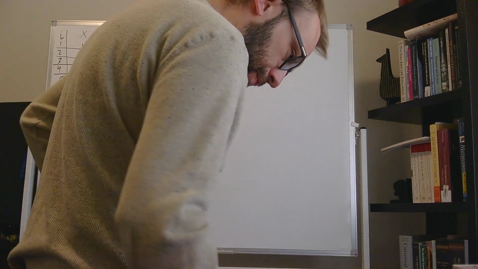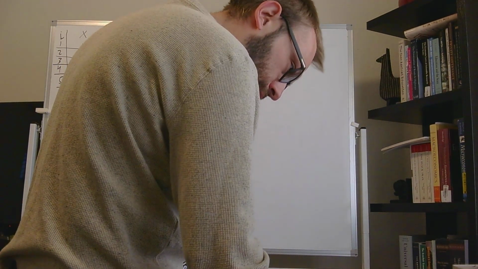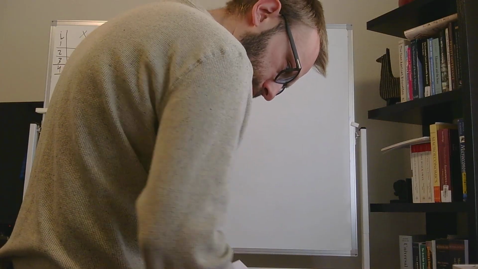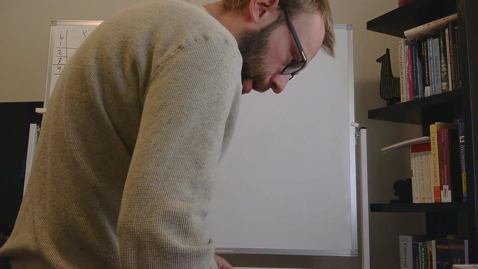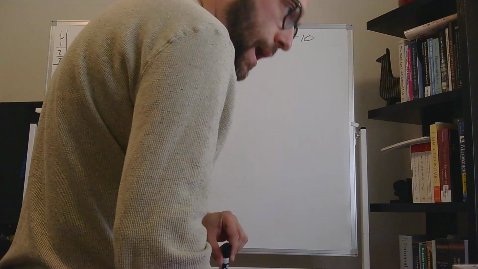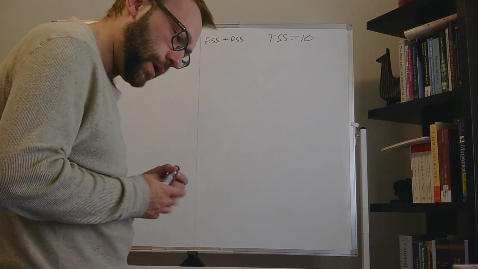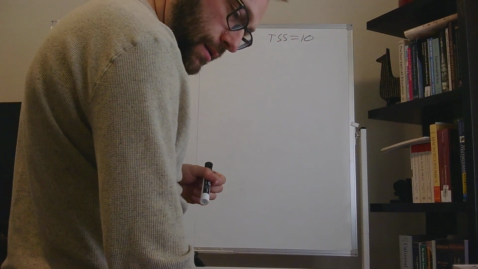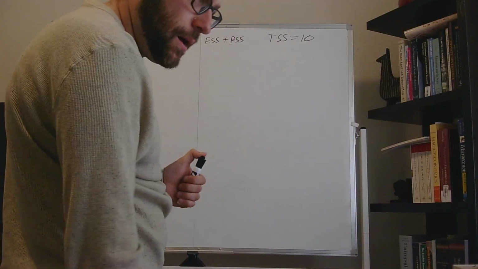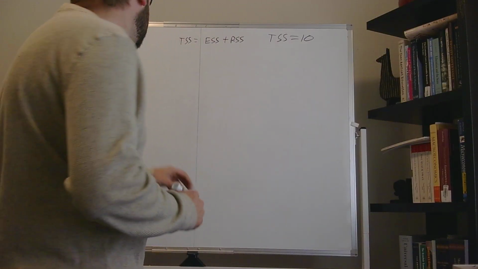Okay, so for this video, we are going to want to calculate the estimated sum of squares and the residual sum of squares. We're going to need the predicted values for each index of x.